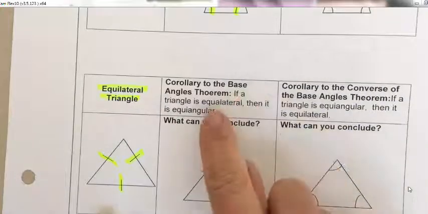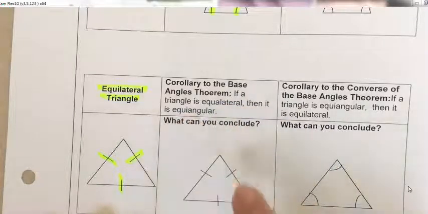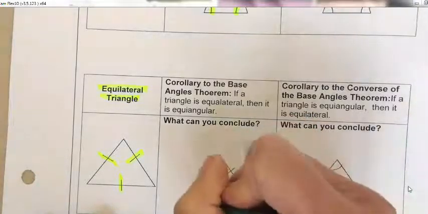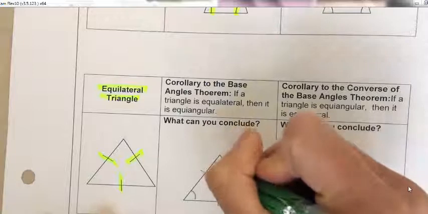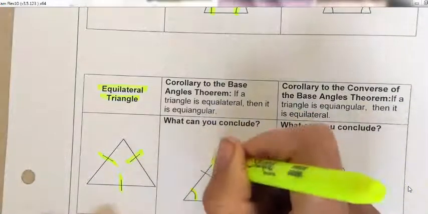So if a triangle is equilateral, then it's also equiangular. Right? So because we knew, okay, these two sides were congruent, so then the angles opposite them will be congruent. Well, now we got three sides congruent, so also this angle over here will be congruent. So we can conclude then that these three angles are congruent. So an equilateral triangle is also equiangular.